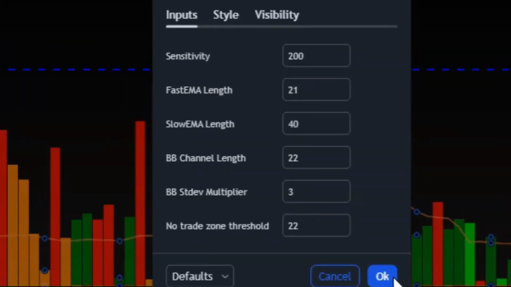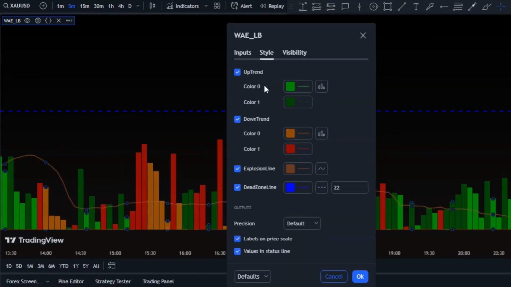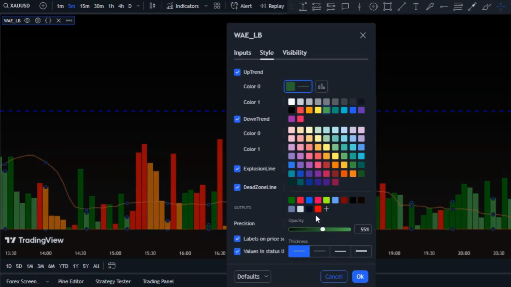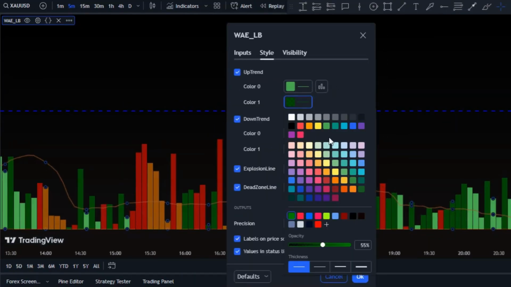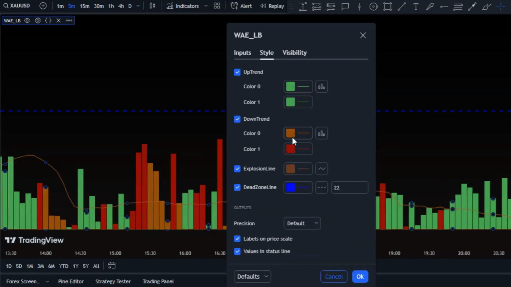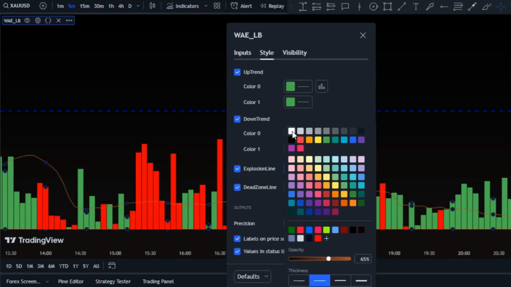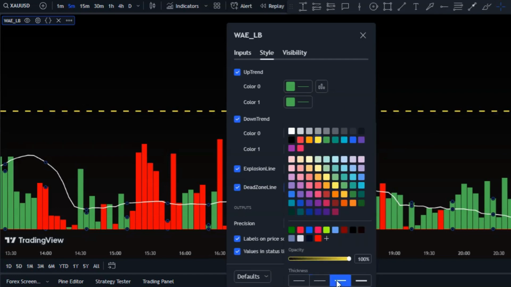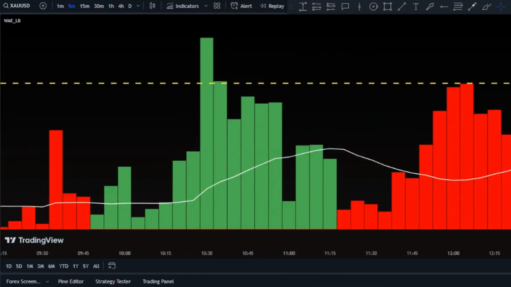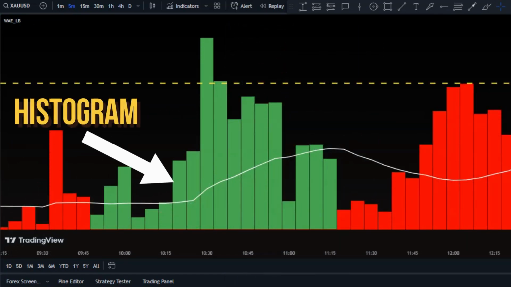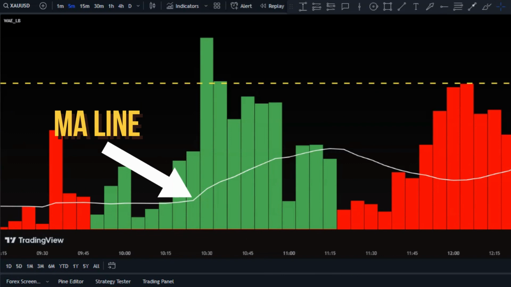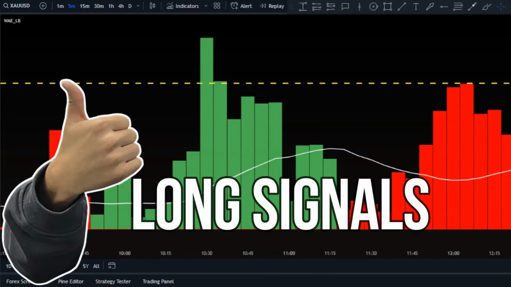Now, from the Style tab, make the remaining adjustments one by one like I did in the video. Now, with these adjustments, when the histogram indicator is green and also above the white moving average line, the long signals are confirmed.